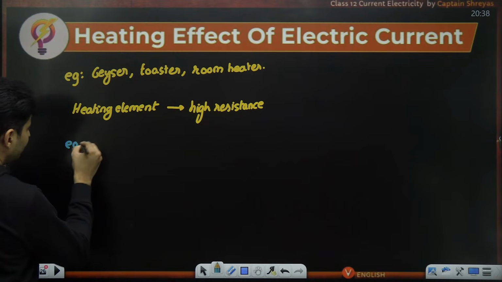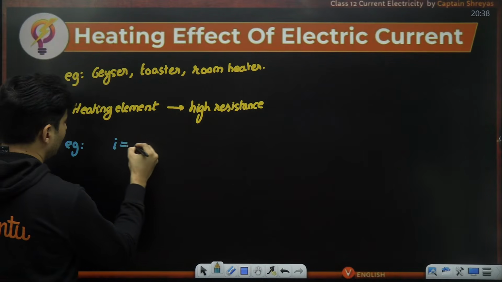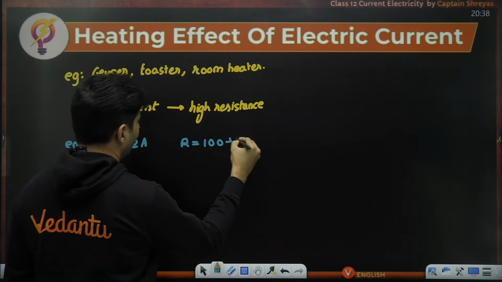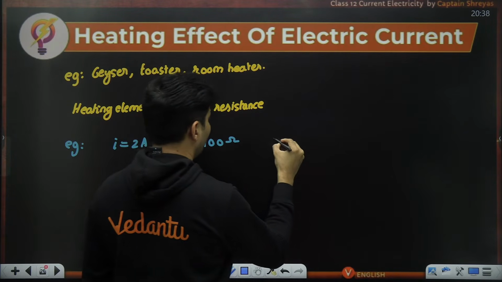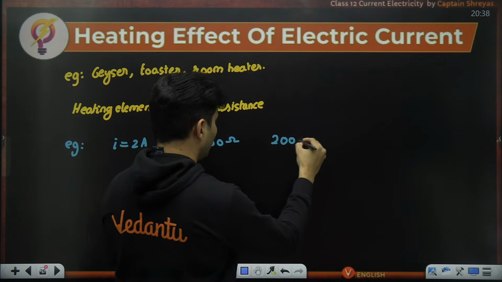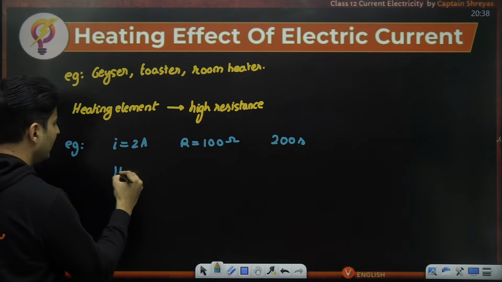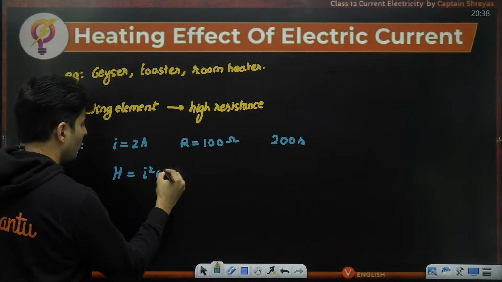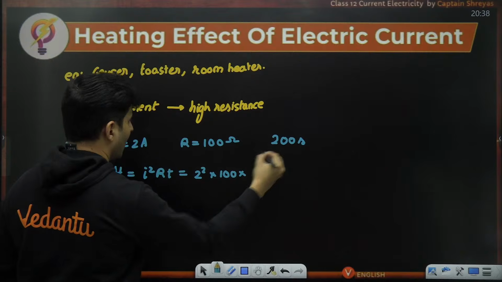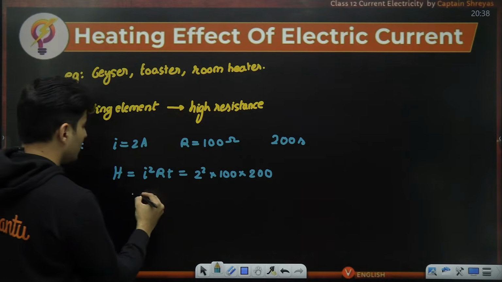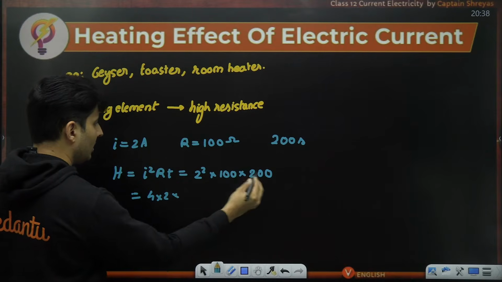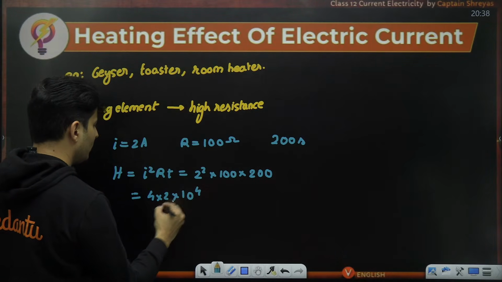For example, if you pass a current of just barely 2 amperes in a resistance of, let's say, 100 ohms, and you pass it for maybe 200 seconds, then the heat developed, using I squared RT, with current 2, resistance 100, and time 200, will be 4 multiplied by 2 multiplied by 4 zeros, so 10 raised to 4, correct?